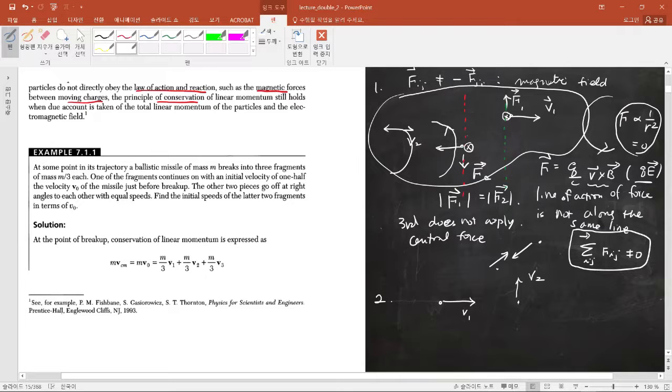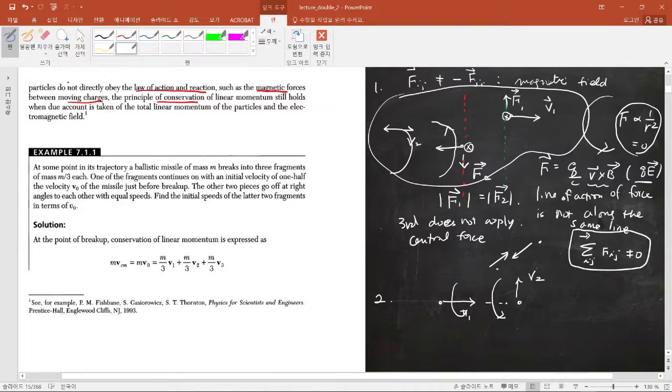Suppose they're the same charge, positively charged. Now, the magnetic field created by charge 1, according to the right-hand rule, gives you this direction.